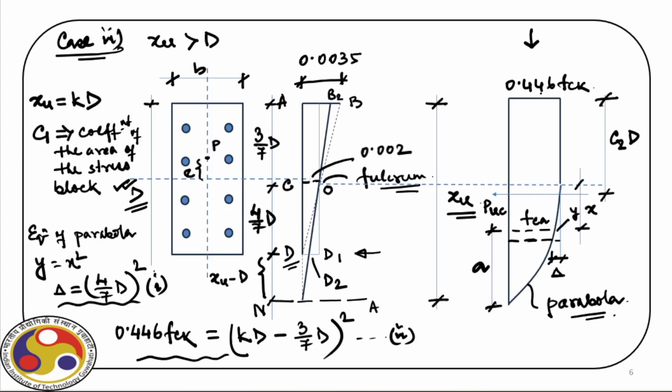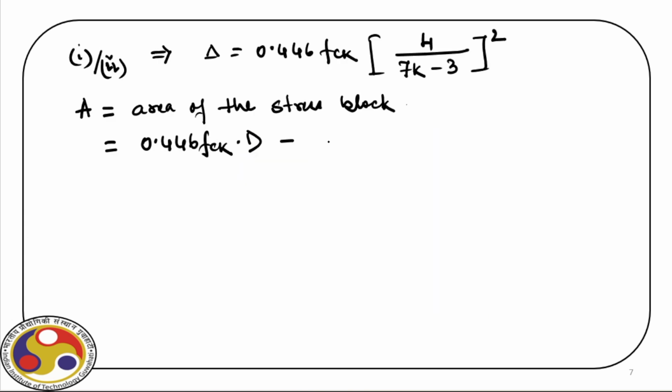So you have 0.446 FCK times this D, which will give this complete area, minus this small wedge will give us the area of the stress block. So what we do, that is 1/3 delta that we have already found out times 4/7 d. So you can put the expression of this delta that we have here.